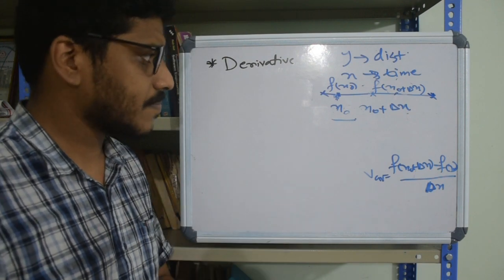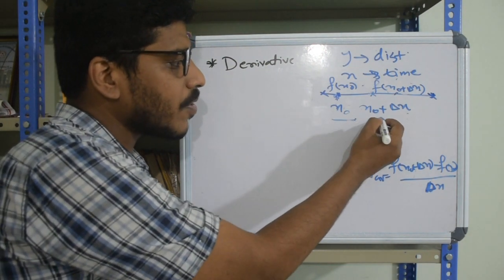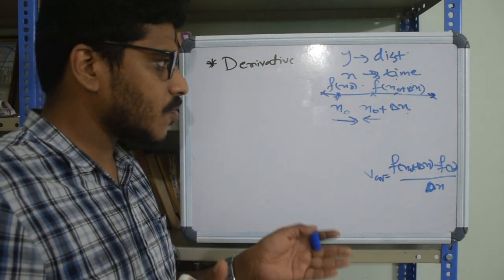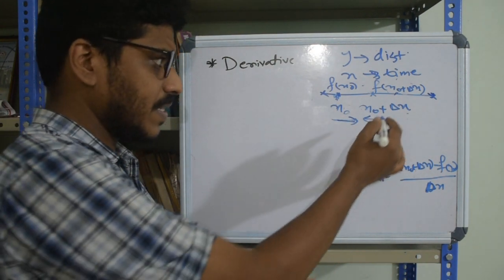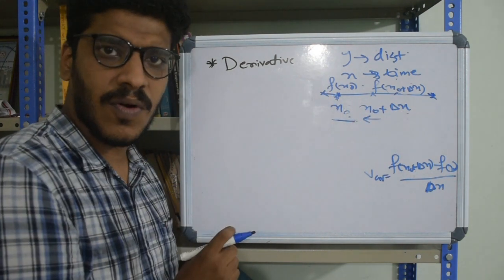Obviously we can. And the technique here is to bring these two points arbitrarily closer. x naught and x naught plus delta x have to be arbitrarily closer, which means x naught plus delta x will be very close to x naught.